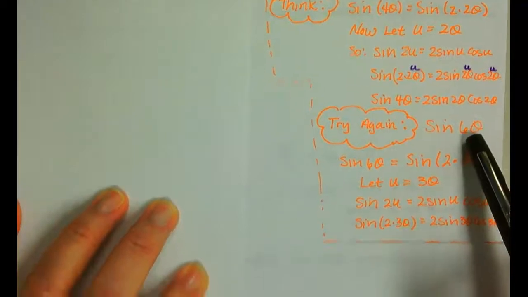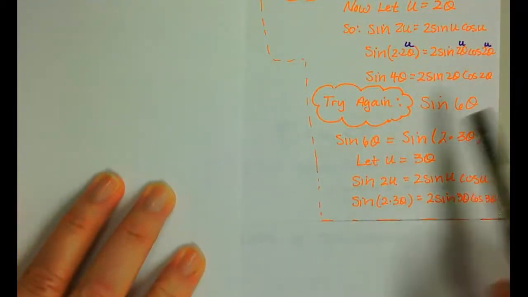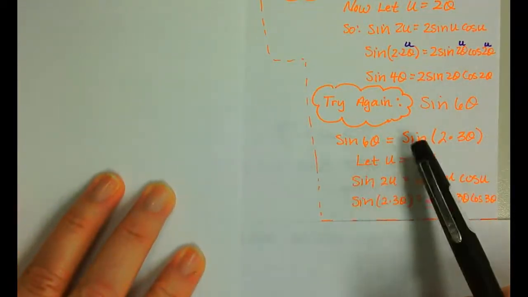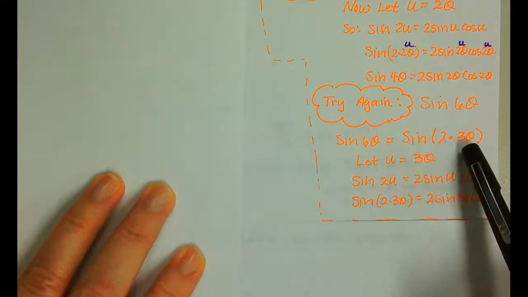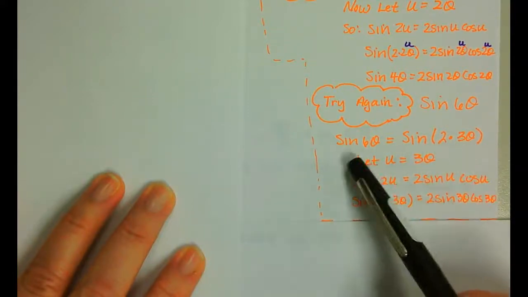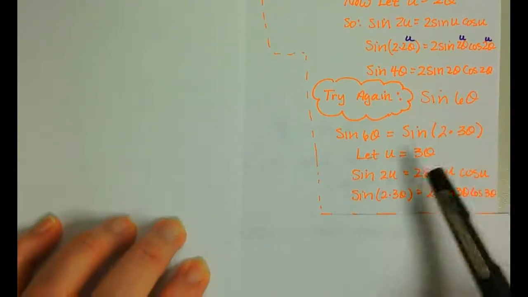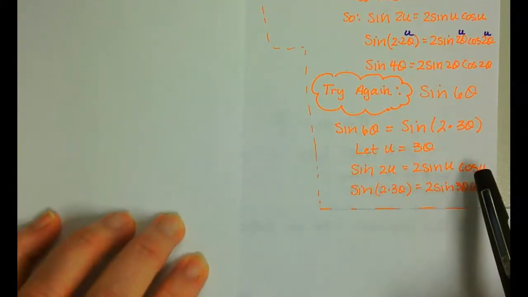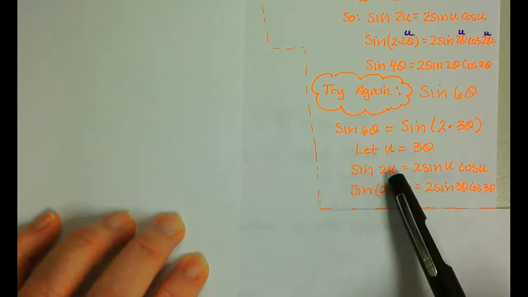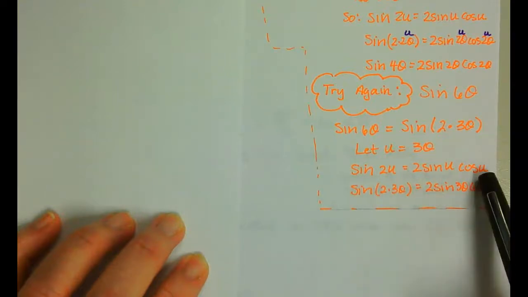So if I wanted to find sine of 6 theta, then I would think 6 theta equals 2 times 3 theta, right? Because 2 times 3 is 6. So I'm going to let my u be this piece right here, which is 3 theta. And remember my original identity on our help sheet is sine 2u equals 2 sine u cosine u.